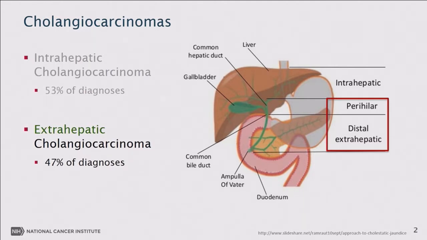This can be further broken down into distal extrahepatic, which occurs in the bile ducts furthest from the liver, and this accounts for 42% of total diagnoses, and then perihilar, which is also known as Klatskin's tumors, and this occurs right where the bile ducts join together, and this accounts for 5% of diagnoses.